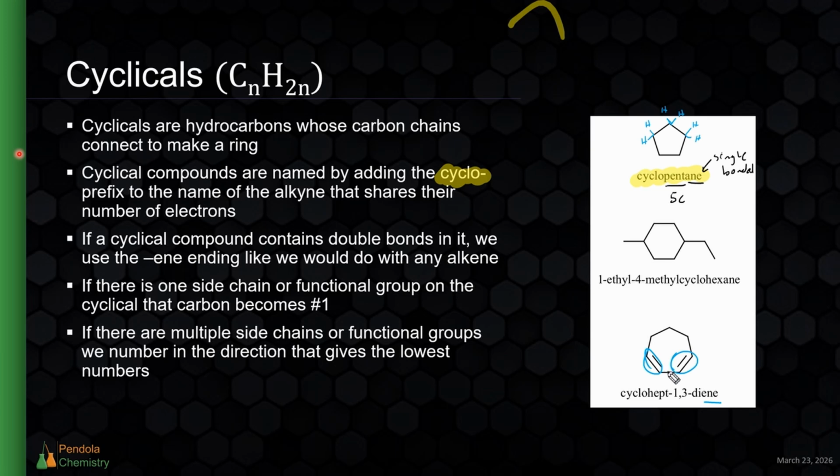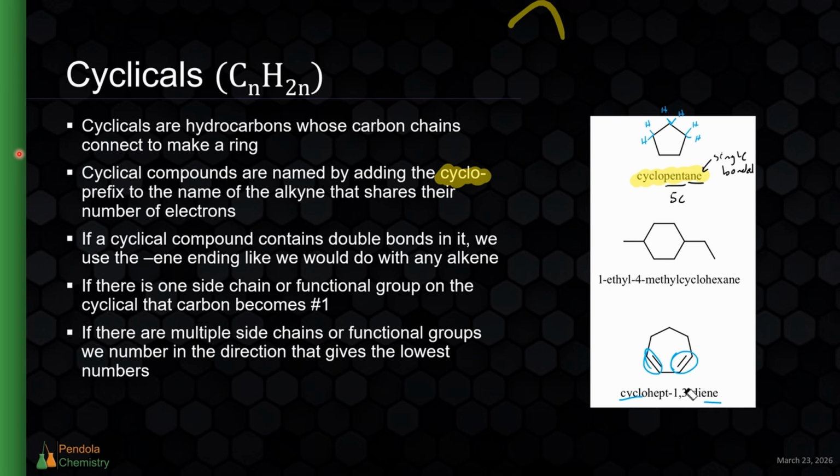And something you'll realize is that all of these groups that we learn about in organic chemistry are not mutually exclusive. So you can have a compound that has a double bond and a triple bond. Doesn't make it not an alkene, doesn't make it not an alkyne. It's both an alkene and an alkyne. If we have something that's a ring and it has double bonds, it's both a cyclical and an alkene. It can be both. They're not mutually exclusive.